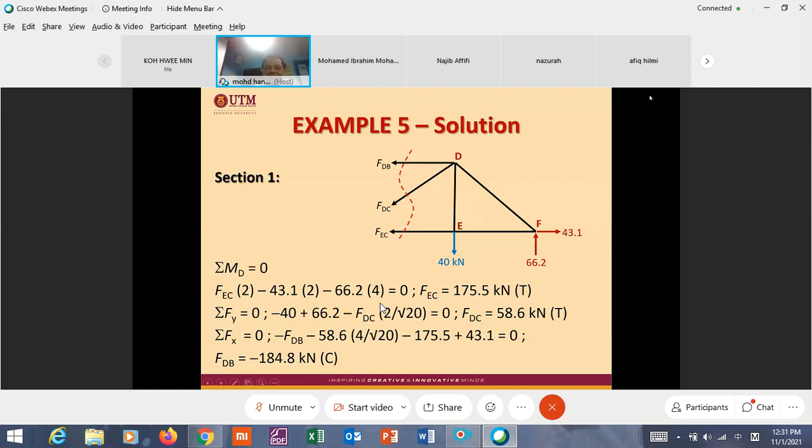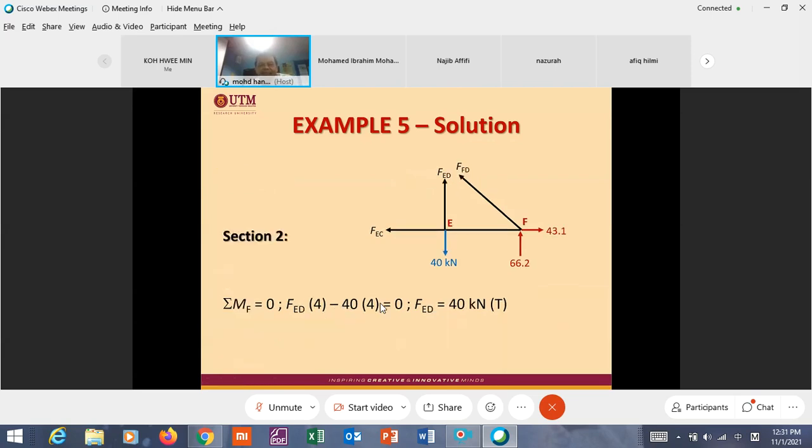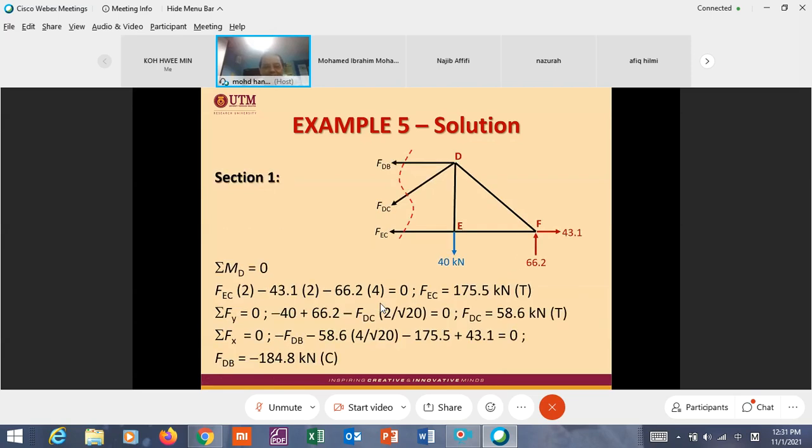The easiest way here is to choose D. So you see, from only one step of calculation, you can solve the member forces here.